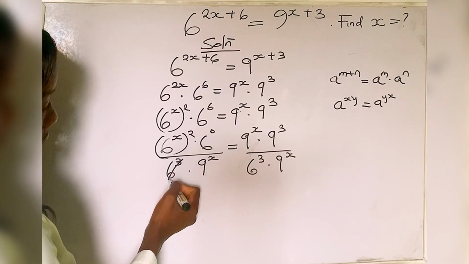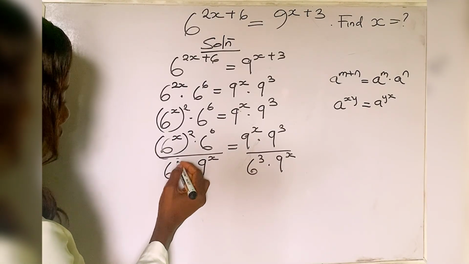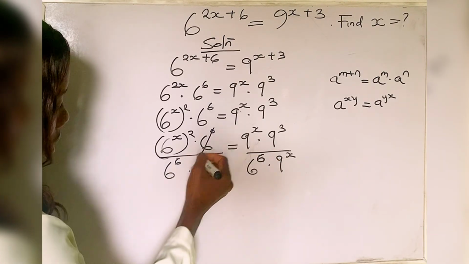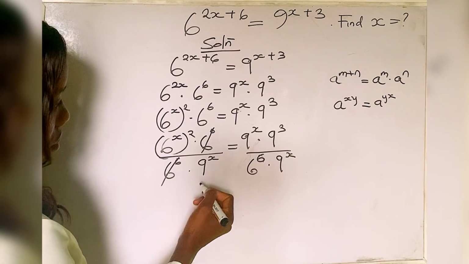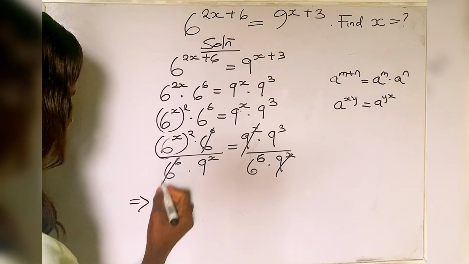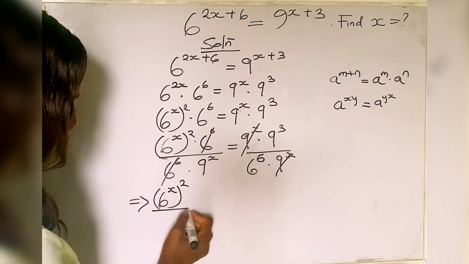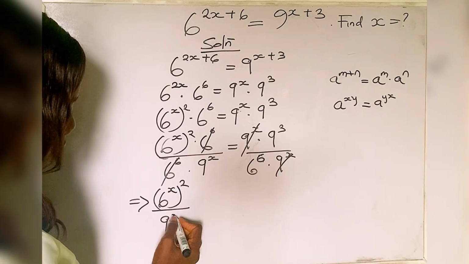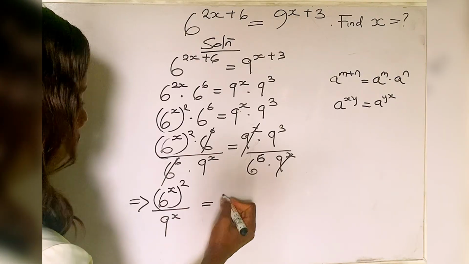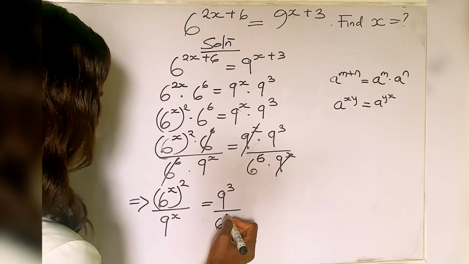So now this can cancel this, and this can cancel this. So we're left with 6 to the power of x all squared all over 9 to the power of x, and that's equal to 9 to the power of 3 all over 6 to the power of 6.